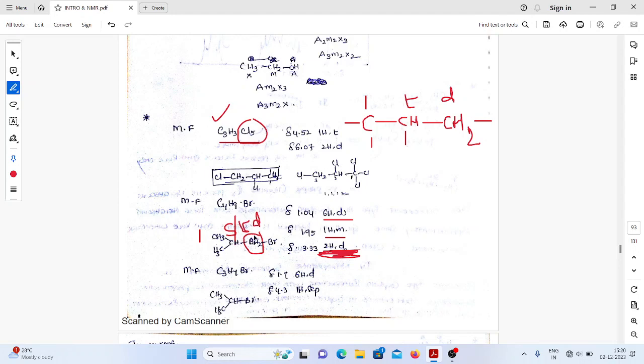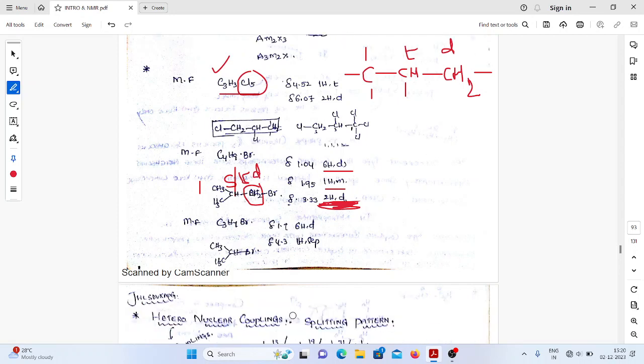Septet by triplet is commonly called what? Multiplet. Multiplet means merging of signals. Doublet by doublet, doublet by triplet, triplet by doublet, in this way that is commonly called a multiplet. So in this way, you can simply identify the structure of the compound.